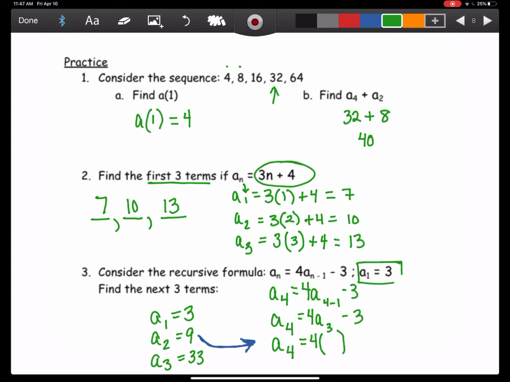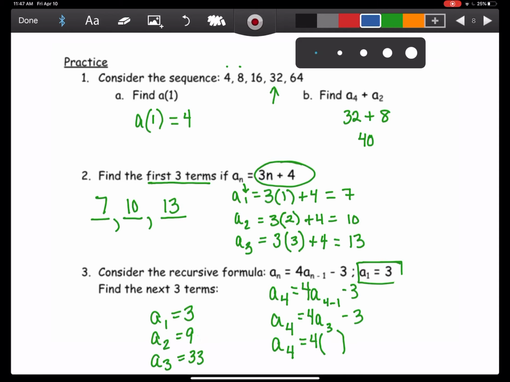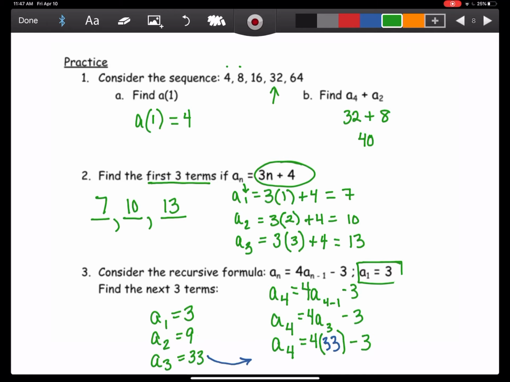So now we don't want a sub 2, so I'm going to get rid of that arrow. We want a sub 3. We need to substitute a sub 3 where we see a sub 3. So a sub 3 is 33. Don't forget about the rest of your formula. Minus 3. And then work it out.